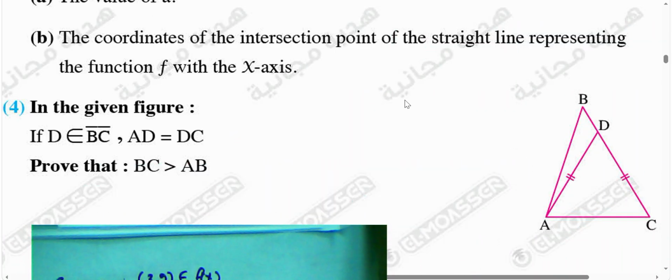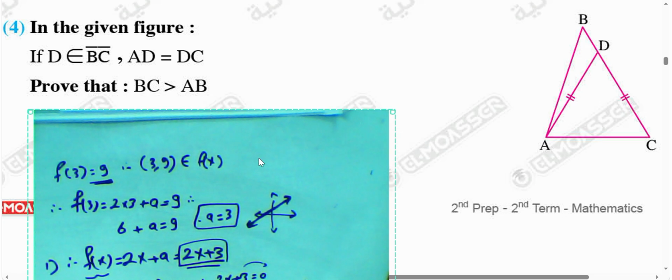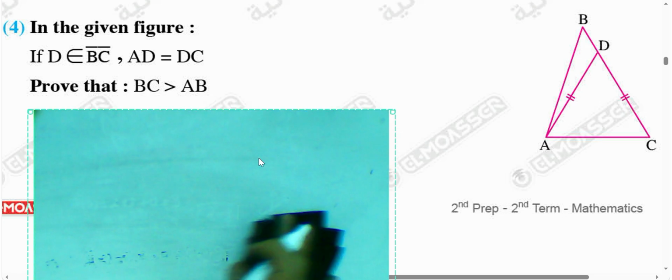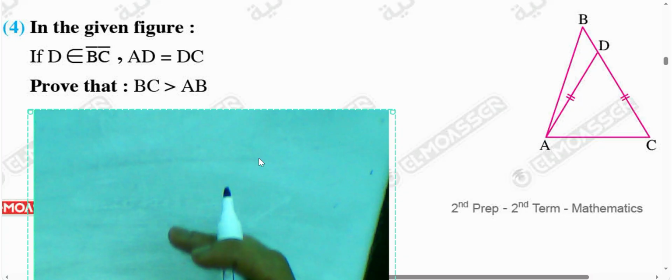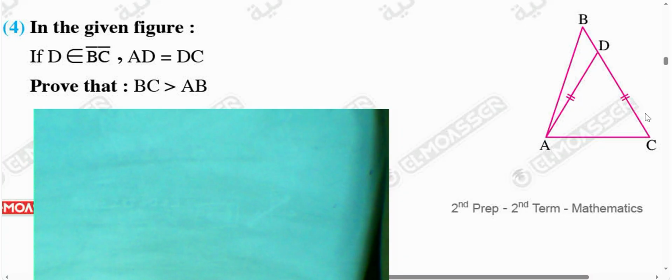Look here. Question number 4 in geometry. In the given figure, B pointing to BC and ED equal to DC, prove that BC is greater than AB. We want to prove that BC is greater than AB. We have an isosceles triangle like this. The measure of angle C equals the measure of angle A. These two angles are equivalent.